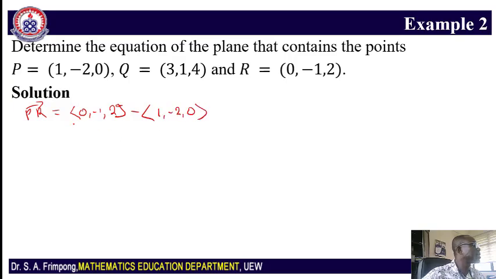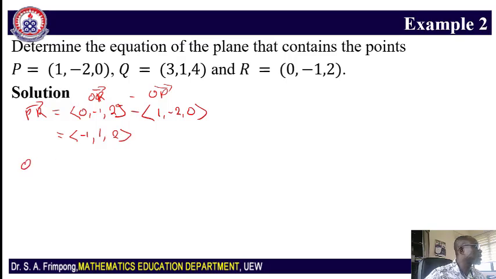That's the position vector of P. This is OR minus OP. So this is going to give us the vector: 0 minus 1 is -1, -1 minus -2 becomes plus 2, that's 1, and 2 minus 0 is 2. So that's the vector PR.